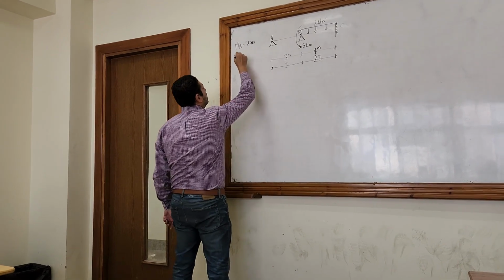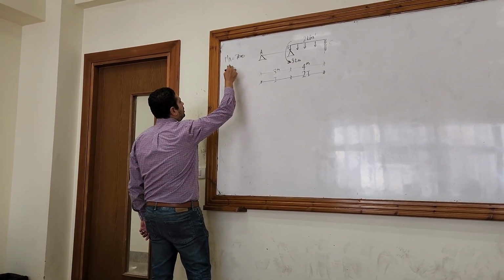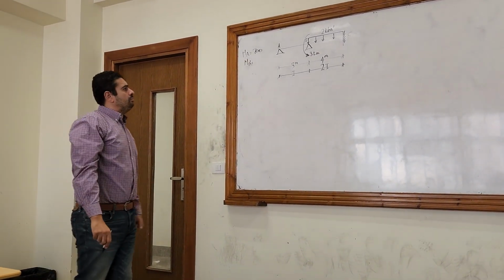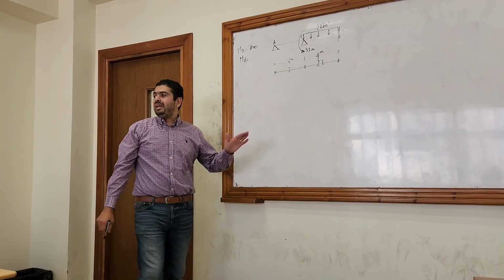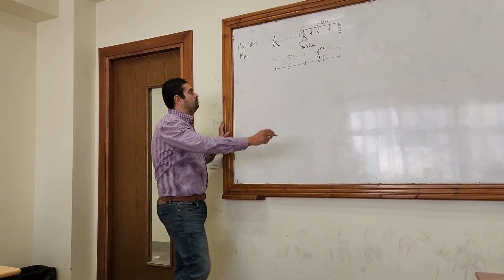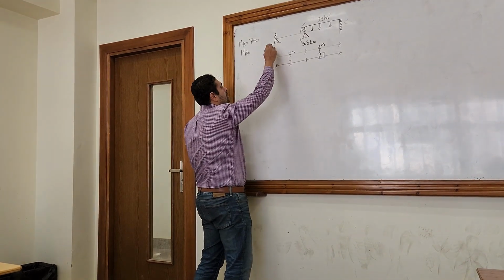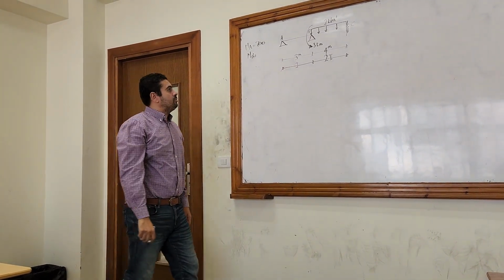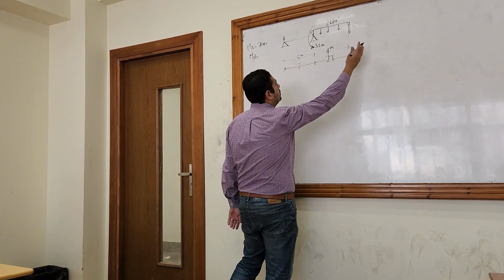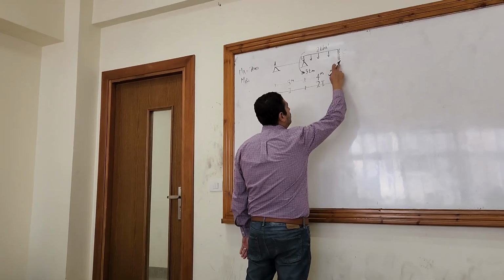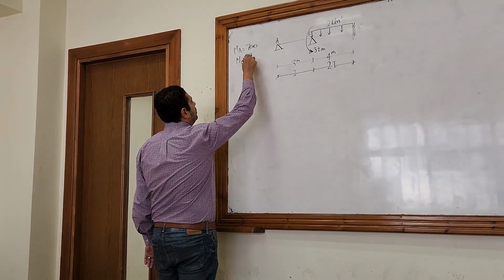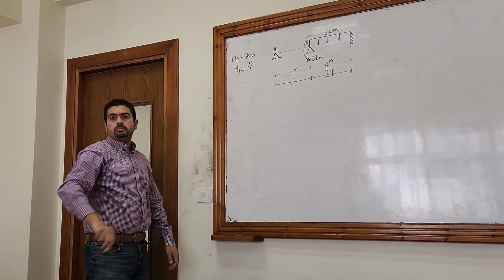What about B? MB. Can I calculate the moment at B? If I am going to calculate the moment at B from the left, I will not be able to calculate it because I don't know the reaction at A. If I calculate it from the right-hand side, again, I don't know the reactions at C. So MB is redundant, it is unknown.